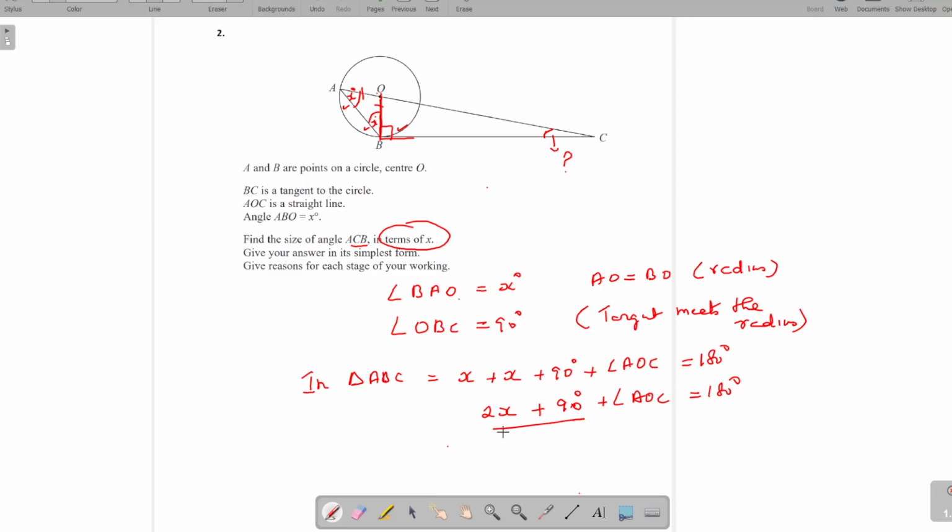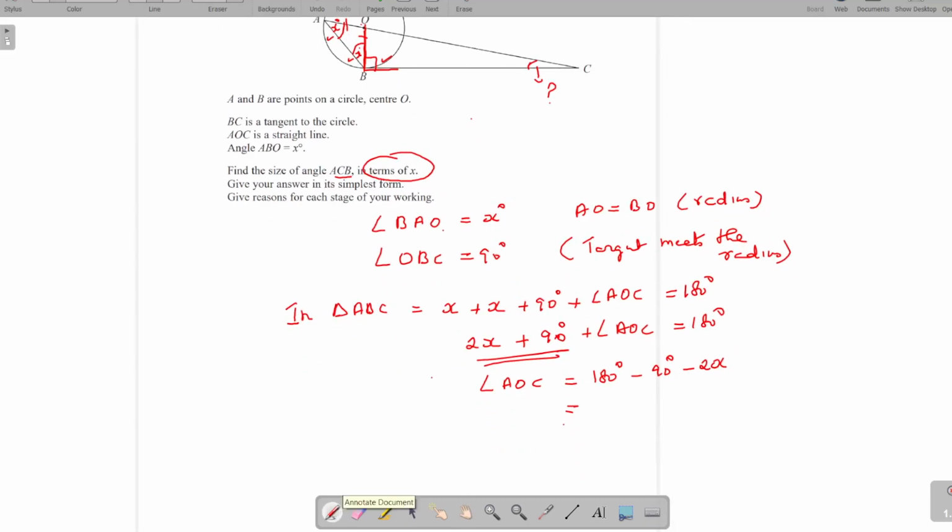We could bring these to the other side, make sure the sign changes. So the angle is equal to 180 minus 90 minus 2x. So that gives 90 minus 2x.